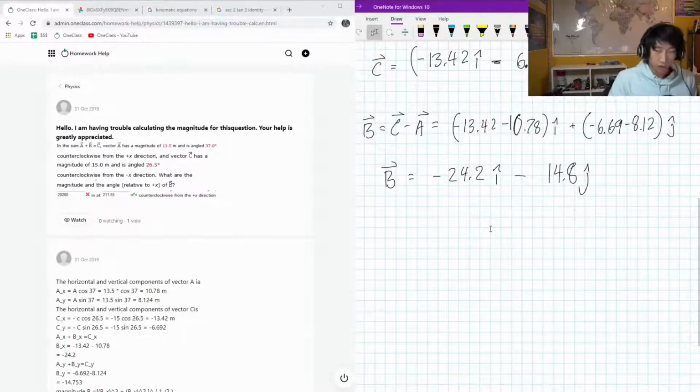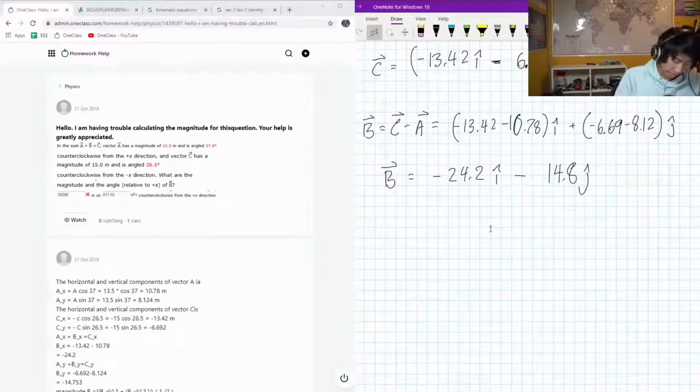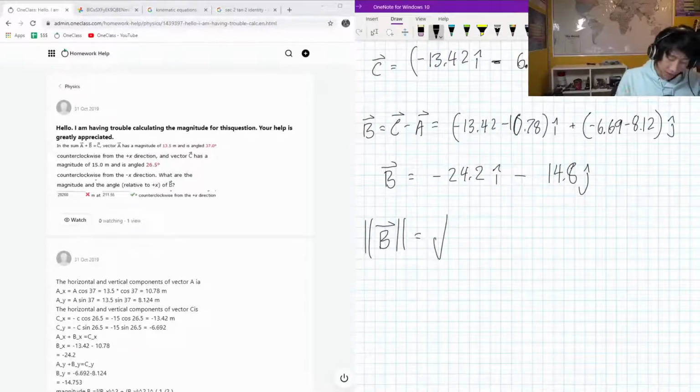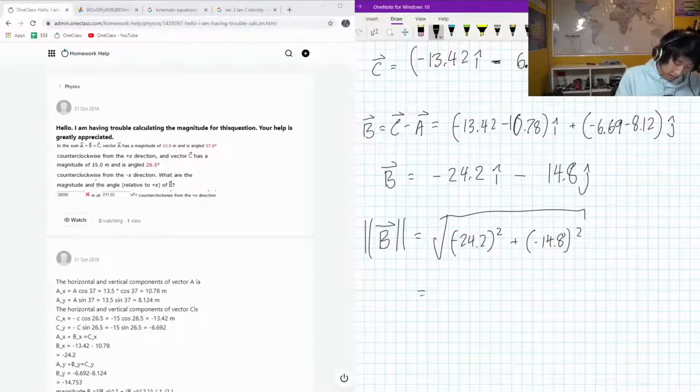Cool. So it's asking for the magnitude of b. To find the magnitude of b, what we will do is represent it like this. This is going to be a Pythagoras theorem type of situation. So it's going to be negative 24.2 squared plus negative 14.8 squared, and that shall be the magnitude.